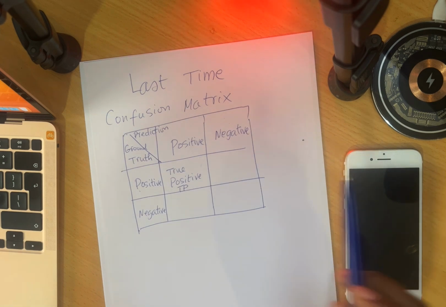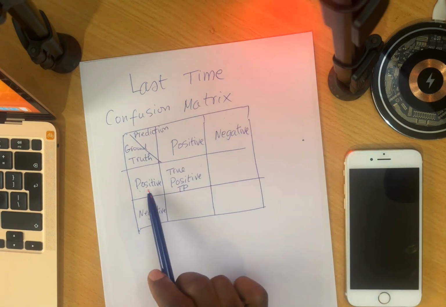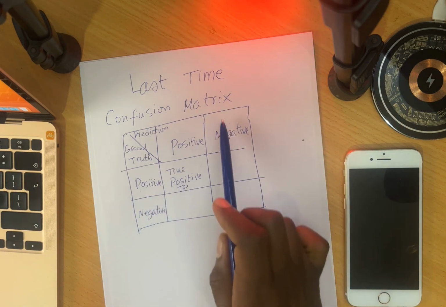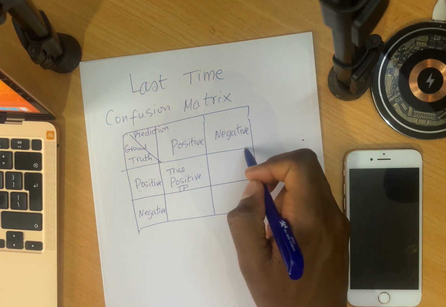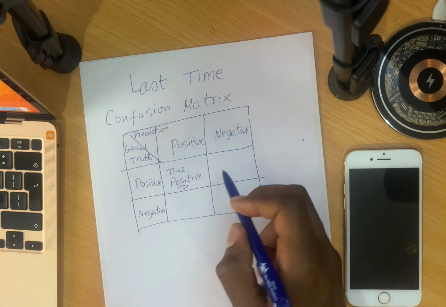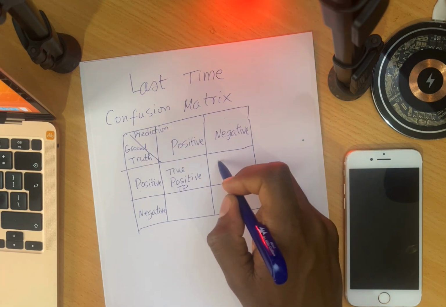But if I see an object in the image, but the model can't see it, can't detect it, that means this is a false negative.